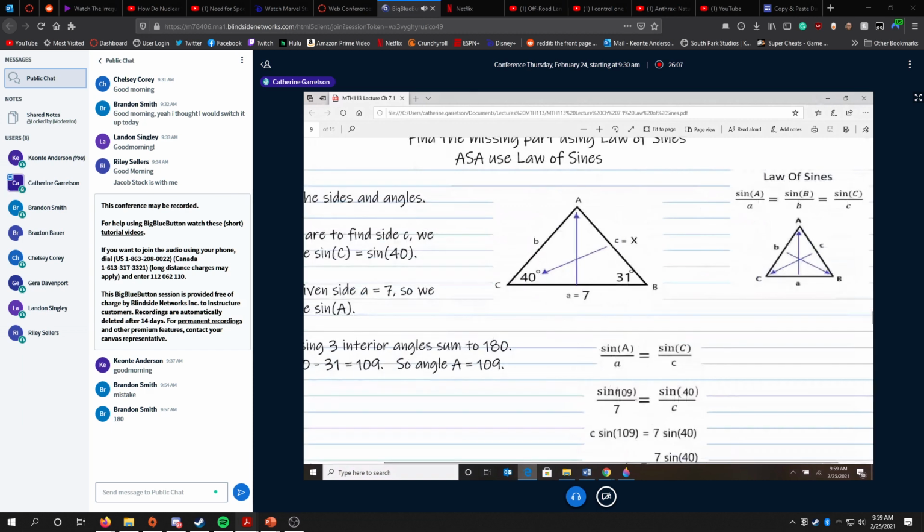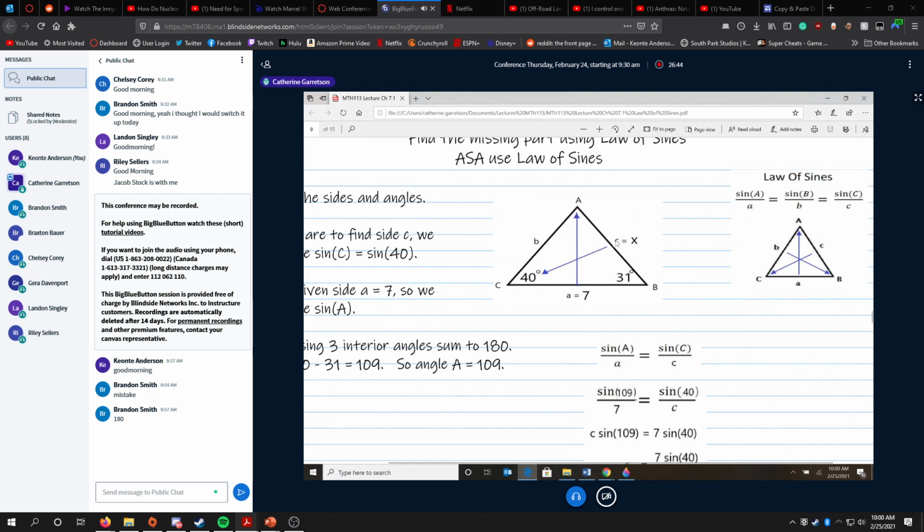Because that is the angle opposite the only side I'm given, I'm going to use that relationship, the sine of 109 divided by 7. The other relationship I set it equal to is the side I'm trying to find and its opposite angle. So I'm going to use the sine of 40 divided by x, which I also called c.